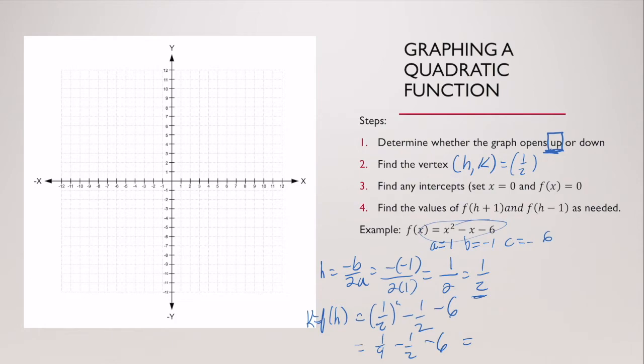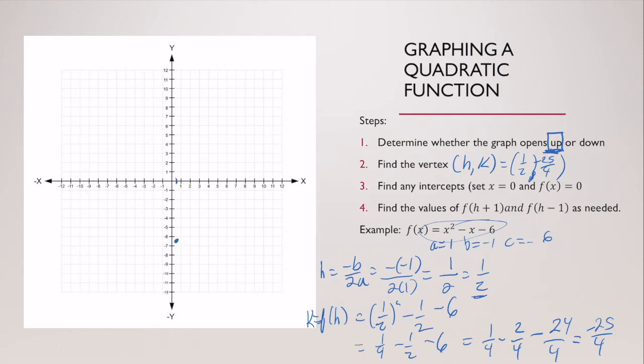So I have 1/4 minus 2/4 minus 24/4. So I get a negative 25/4, which is just a little bit more than negative 6. So I have when x is 1/2, y is negative 25/4, which is a little bit more than negative 6, so it's right here.